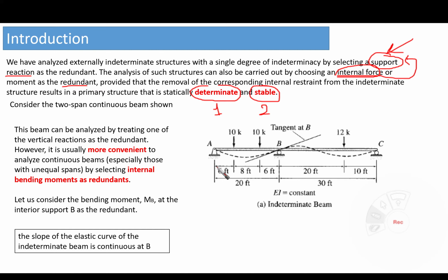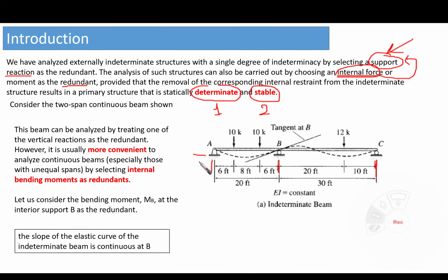If you look here, first we are going to look at the number of unknowns for this system. We have a hinge at A, which means that we have two unknowns here. We have a roller at B, which means one unknown, and we have another roller at C, which is another unknown.